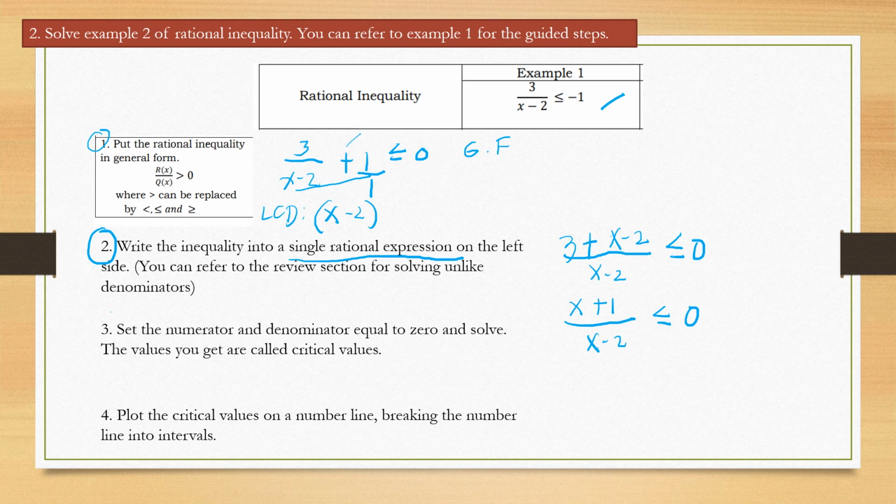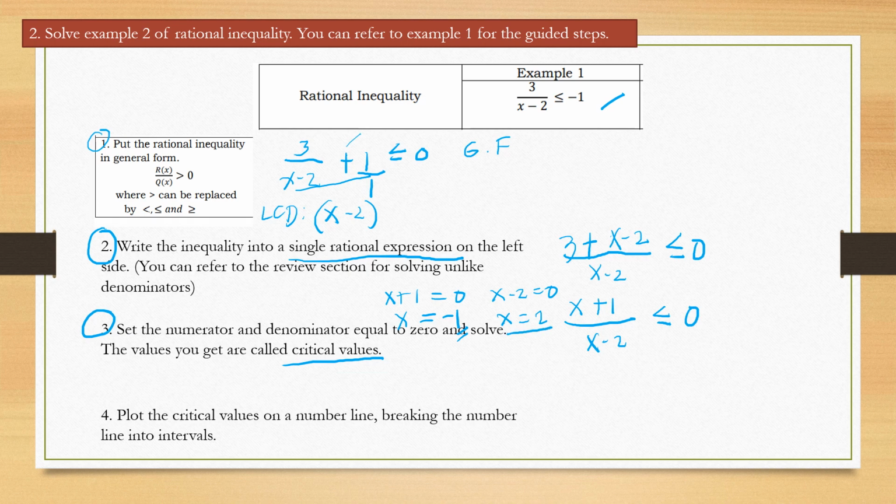After nyan, set the numerator and denominator equal to 0 and solve. The values you get are called critical values. So, ito na. We will now have x plus 1 is equal to 0. Isa sa critical value natin, x is equal to negative 1. X minus 2 is equal to 0. X is equal to positive 2.